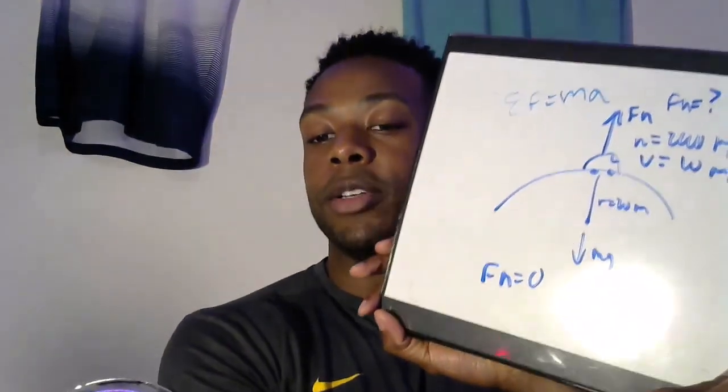If the car loses contact, it's going to have no normal force. As it approaches that situation, it's going to approach zero, so we're just going to use normal force as 0 here.